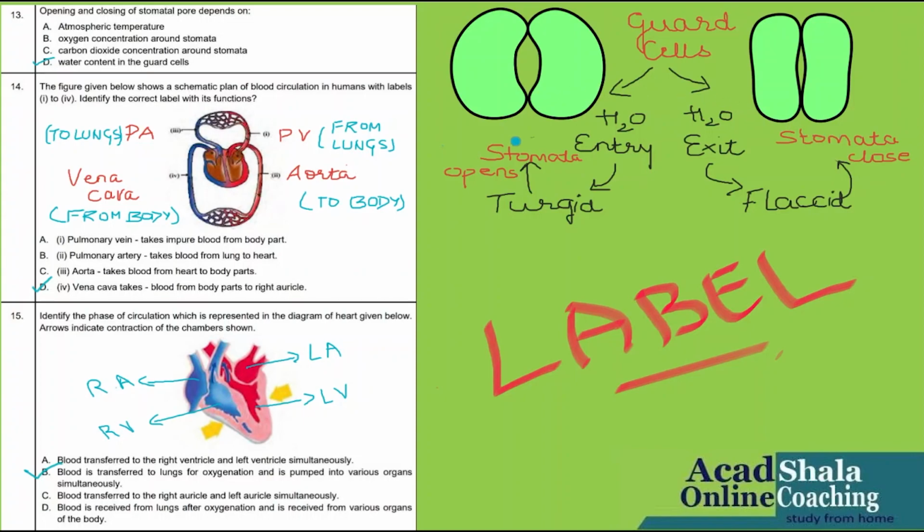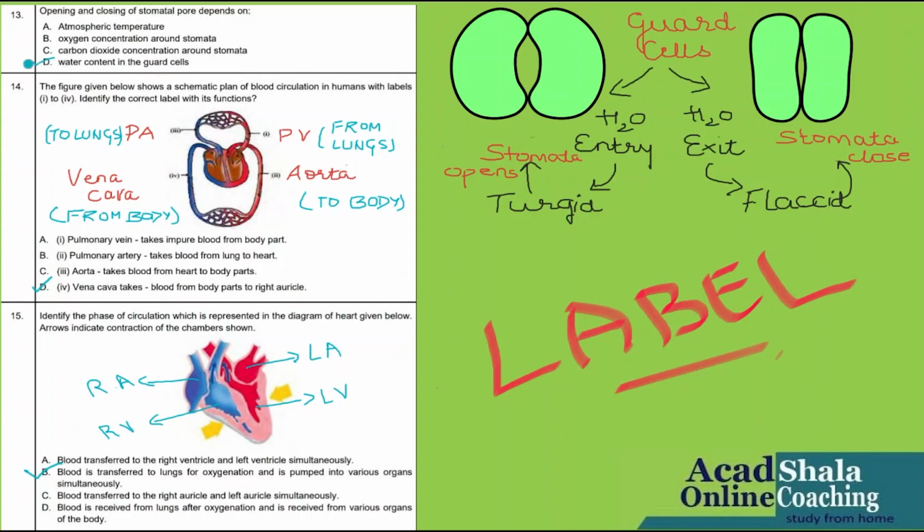So after having this knowledge, we see that water has a vital role to play in it. So we will see the four options, and among them find the most appropriate one. We find that option D is absolutely correct, that is water content in the guard cells.